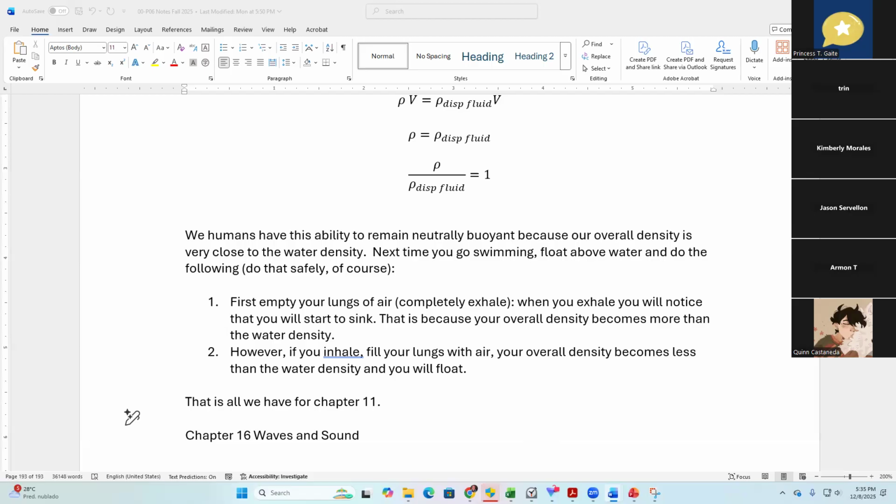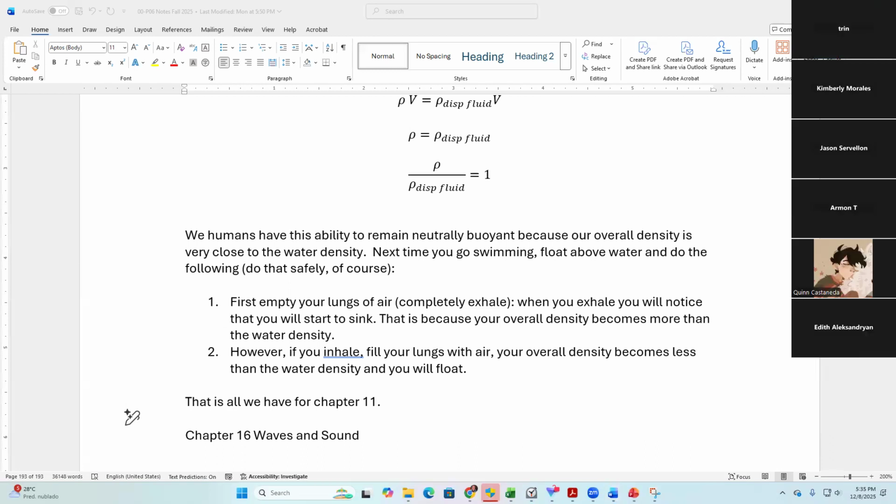And now let's take a look at waves. Okay, let's start with waves.